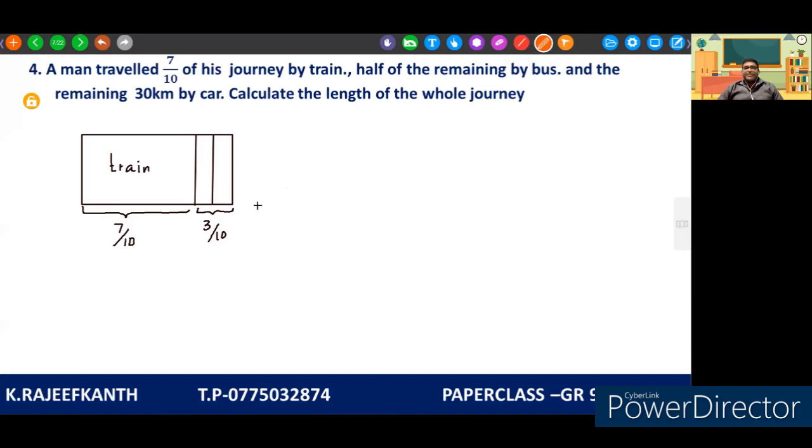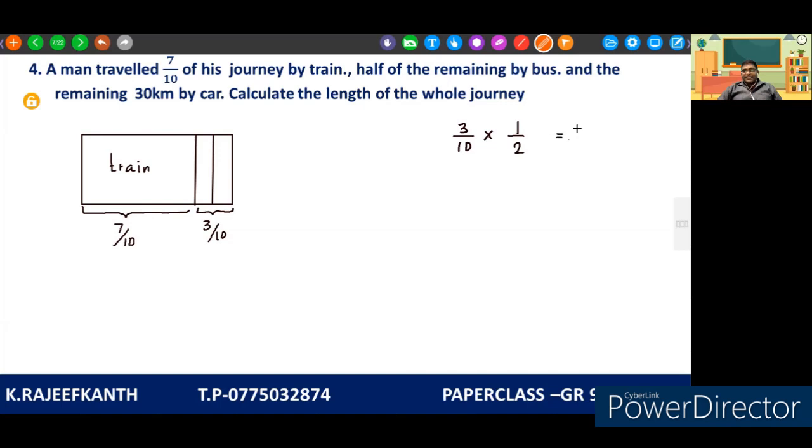So how can we find the half of this 3/10? Then 3/10 we have to multiply by half. Or you can divide by 2. If you divide by 2, then the same value we can get as if we multiply by half. So we have to find the half of 3 over 10. Then we should multiply this 3 over 10 by half.